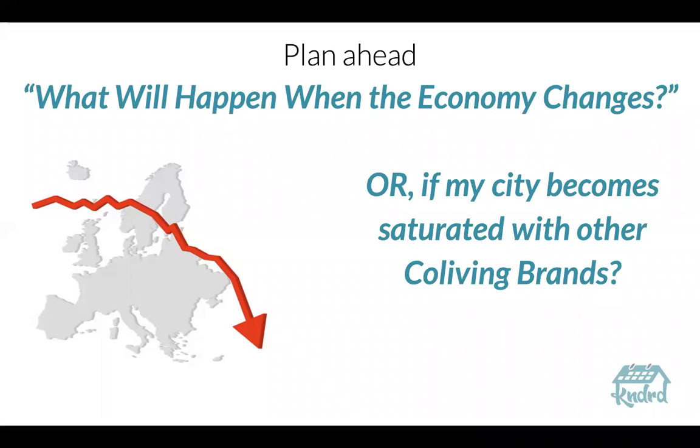I'm already seeing this in Los Angeles, for instance, where a lot of co-living popped up almost overnight, and there are two concepts sharing a back wall, which blew my mind. So imagine you have a competing co-living operation right next to yours.